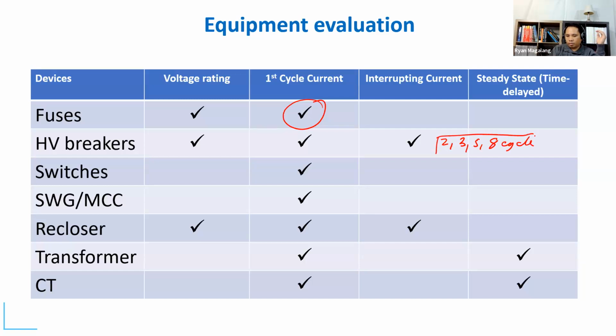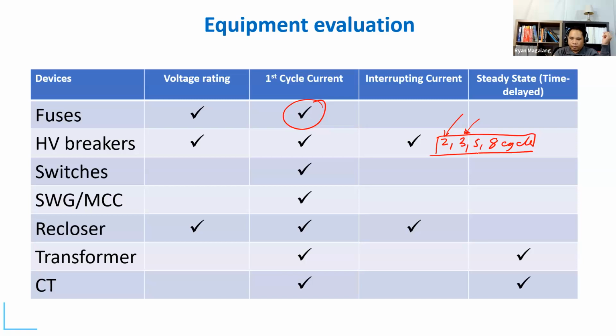A 2 cycle breaker, the contacts would begin to separate at 1 cycle and another cycle to totally quench the arc. So that's your 2 cycle breaker. Although it costs more, I have a project I'm working on right now that is a 2 cycle breaker. In the same manner, 3 cycle, 5 cycle, 8 cycle, it takes this much time to interrupt.